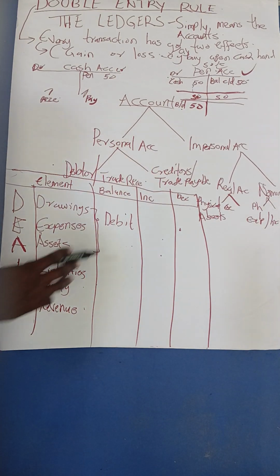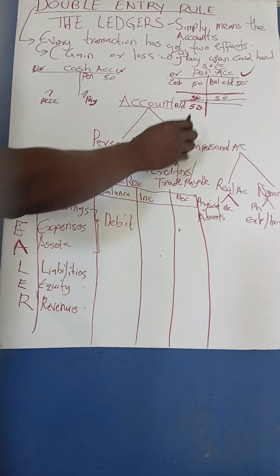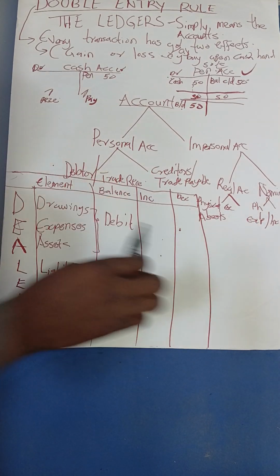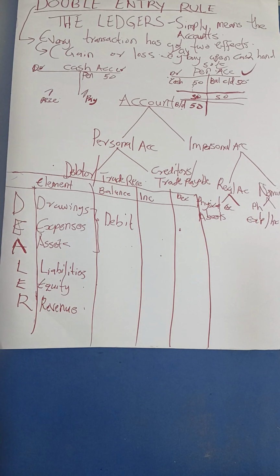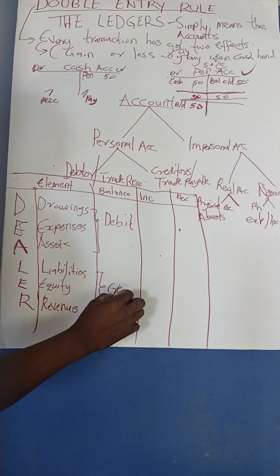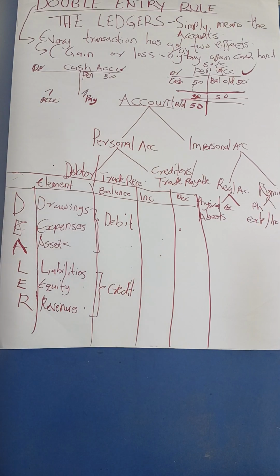So when we say it has got a debit balance, it means either the credit side has got the high amount or the debit side has got the high amount. What about the liabilities, equity, and revenue? When we will be opening the accounts, liabilities, equity, and revenue, they will have a credit balance.